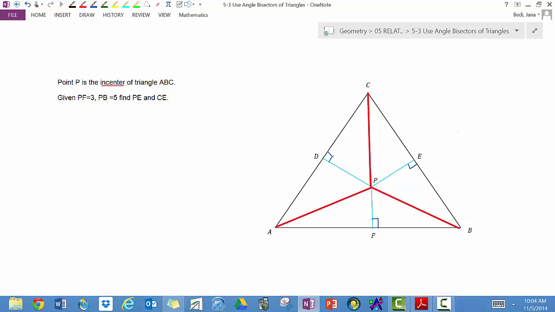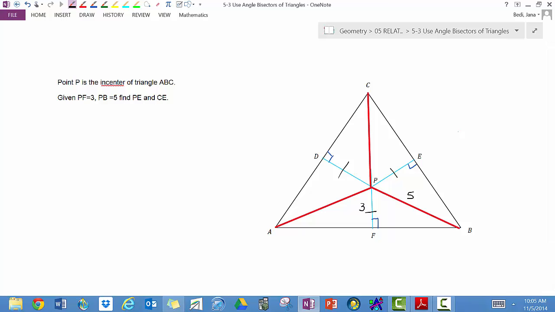In this example, we are given that point P is the incenter. So very quickly, what does that mean? It means that it is equidistant from the 3 sides. So this is what I mark my diagram with. The other thing is that PF is 3 and PB is 5.